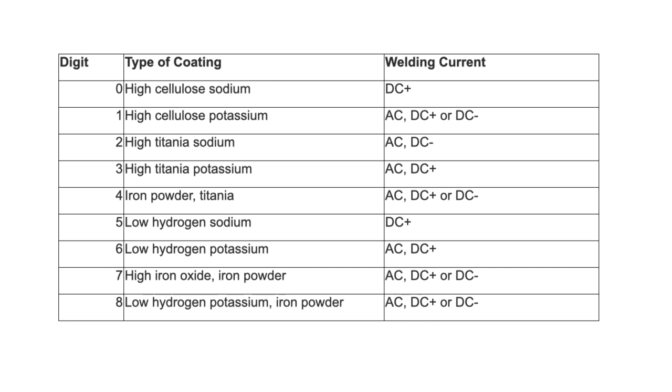Rutile is also known as titanium dioxide. Similarly, 2 denotes sodium binder, and 3 denotes potassium binder. From 4 till 8, we find basic electrodes, low hydrogen electrodes as well as acidic electrodes.